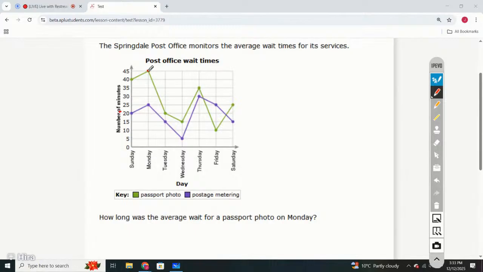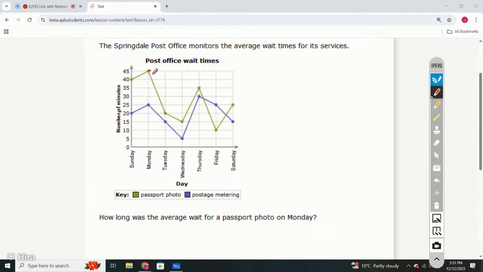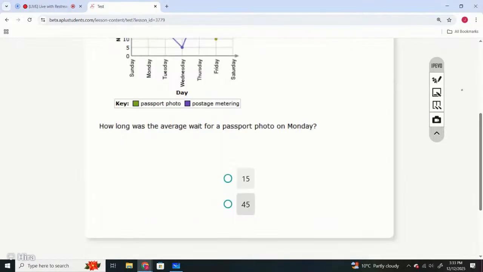On Monday, the number of minutes is 45 minutes. The correct option is 45 minutes. Option number 2 is the correct option.